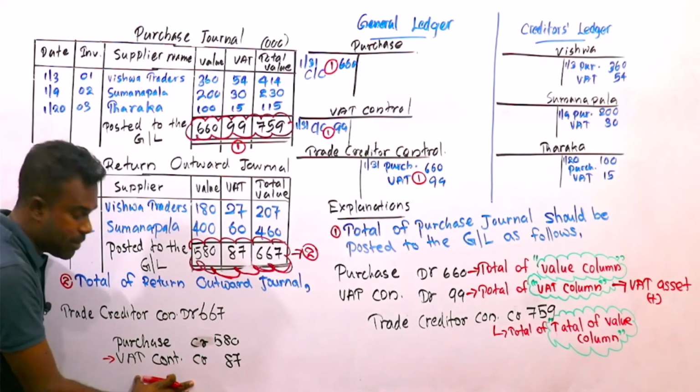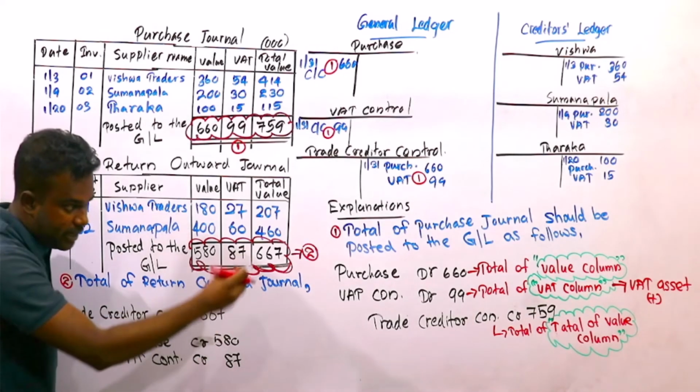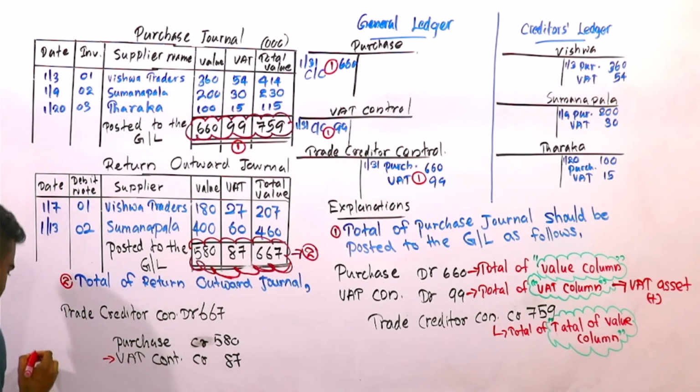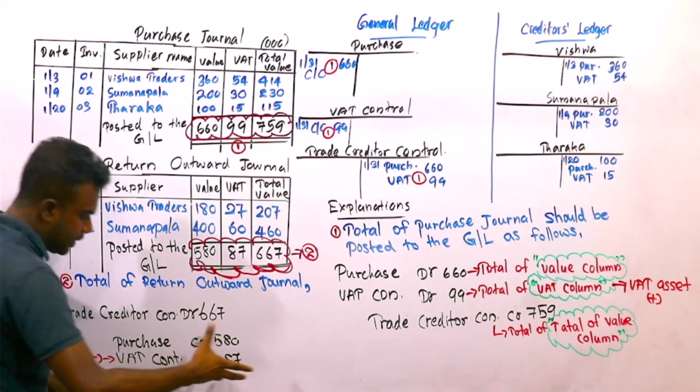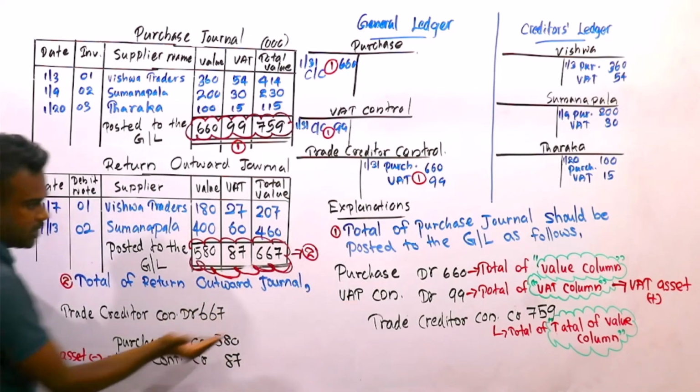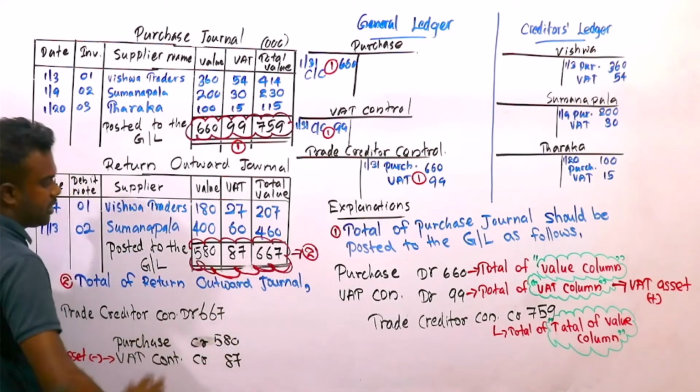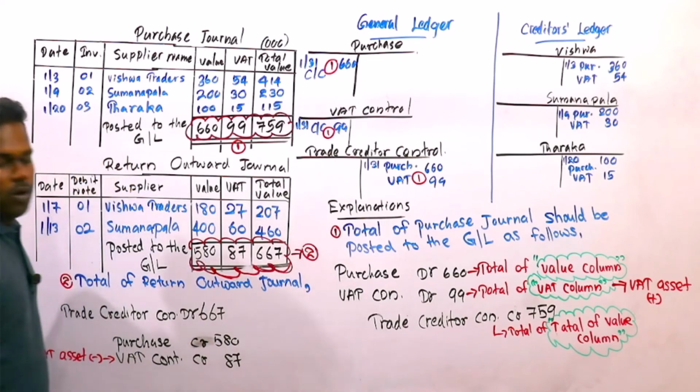Because the asset decreases, it's better if you can write here VAT asset decrease. That's why we credited to the VAT control. This is not liability, right? The opposite side of the VAT asset. VAT asset decrease when returning. 87. Okay.